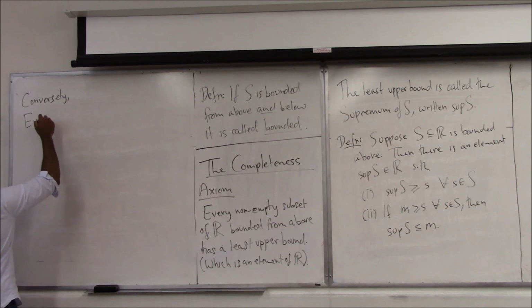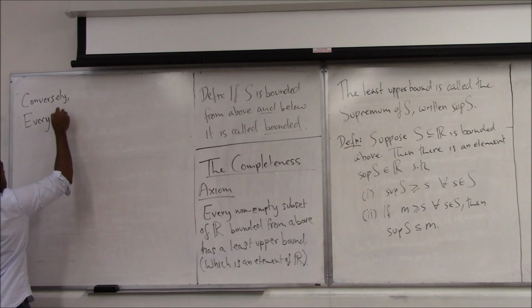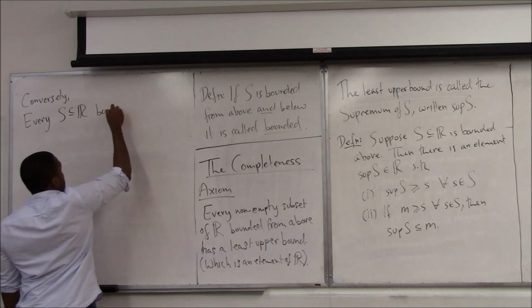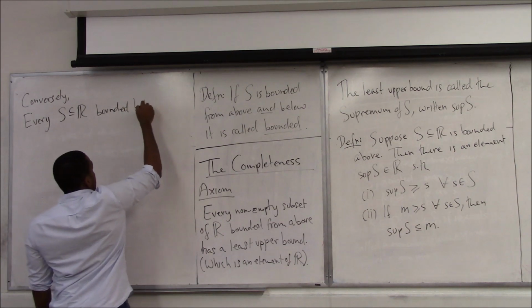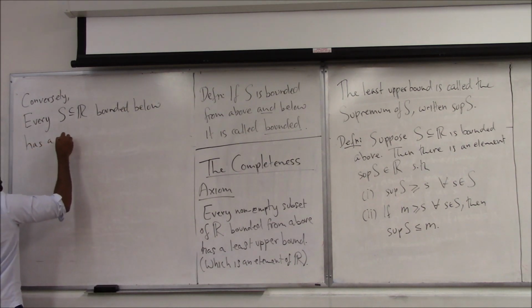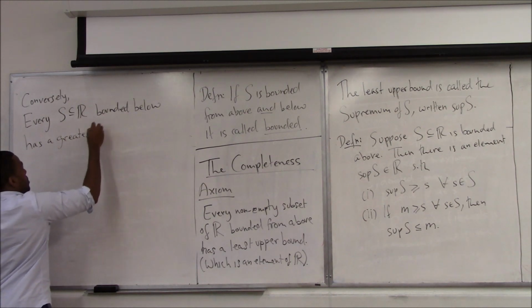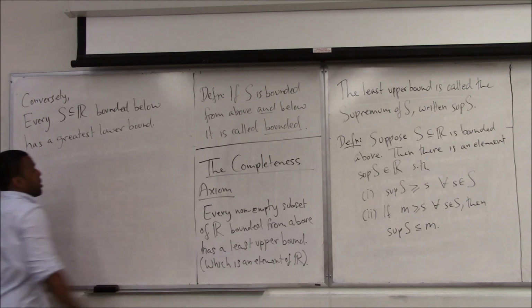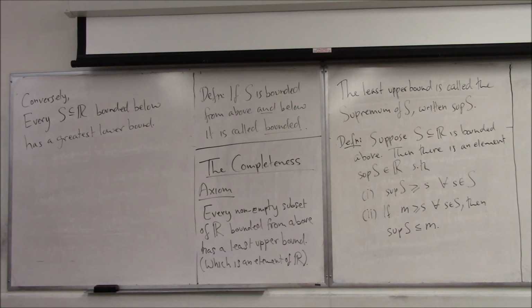So using a similar proof to that, we know that every S subset of R bounded below has a greatest lower bound. Meaning it is smaller than or equal to every element of S, and if there's any other real number smaller than or equal to every element of S, this guy is greater than or equal to that guy.